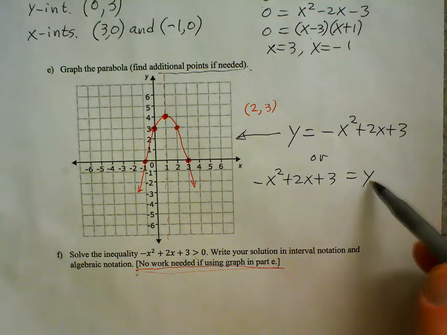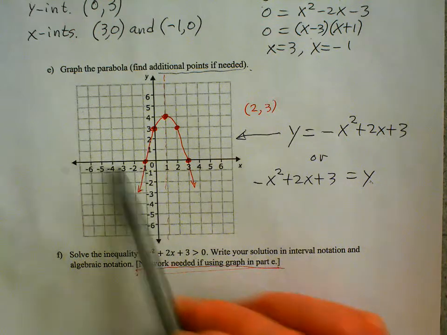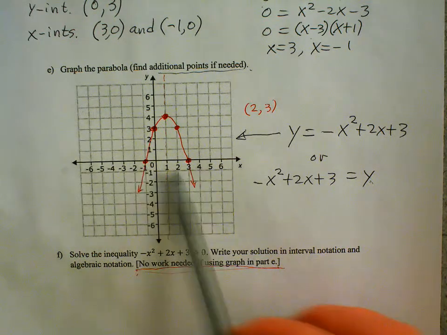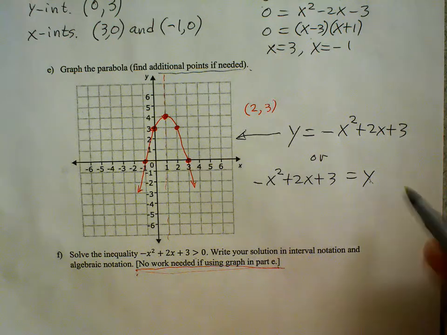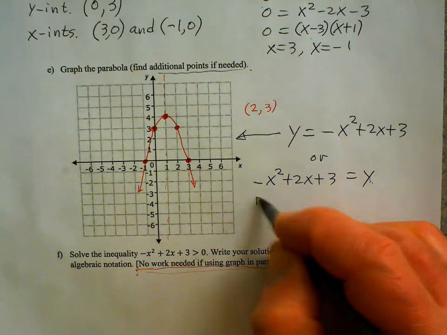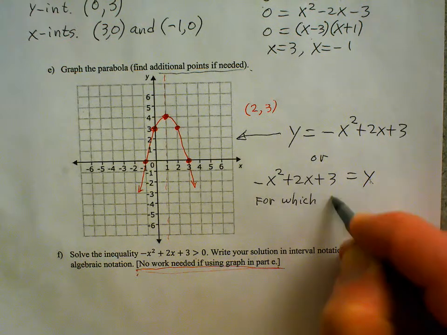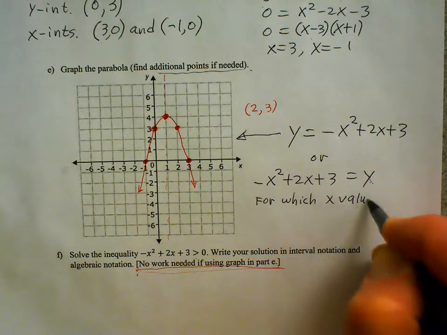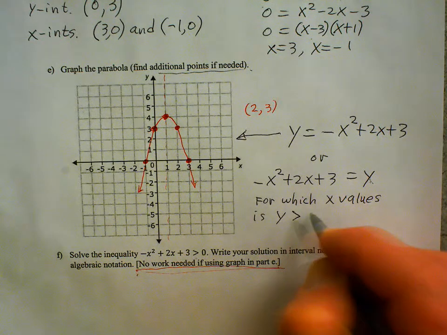So that just means the domain interval where the y coordinates are greater than 0 is the solution to that inequality. So for which x values is y greater than 0?